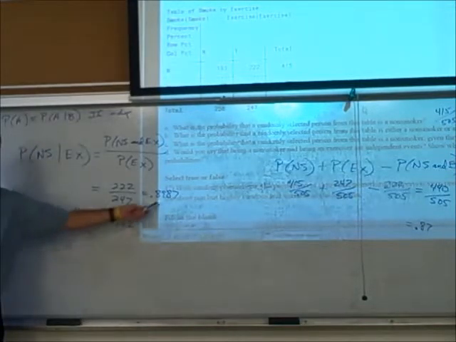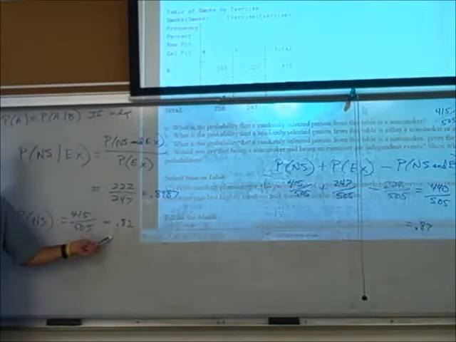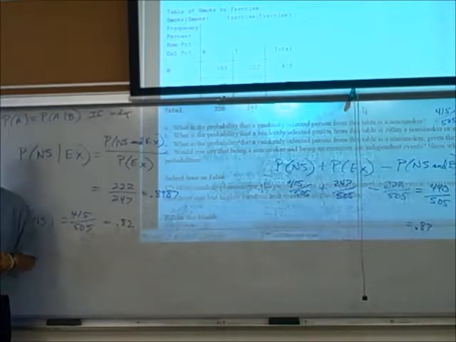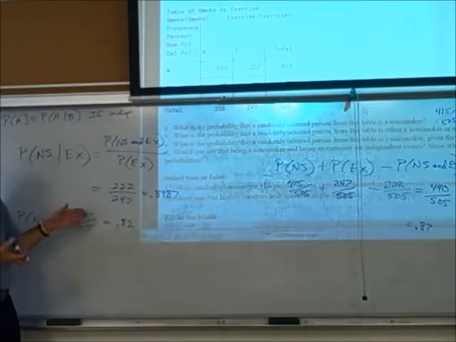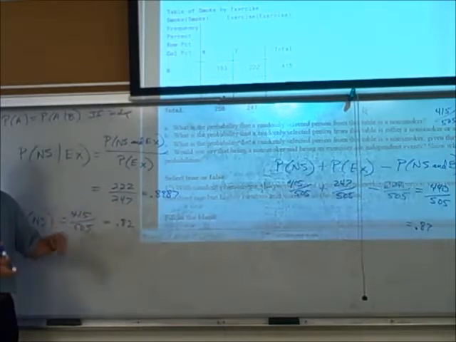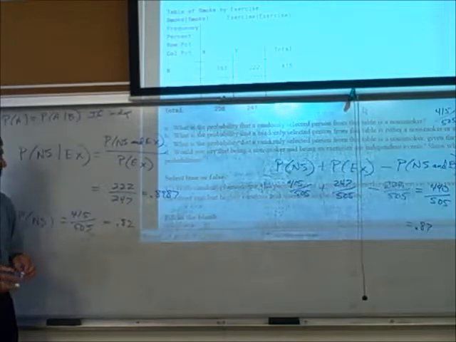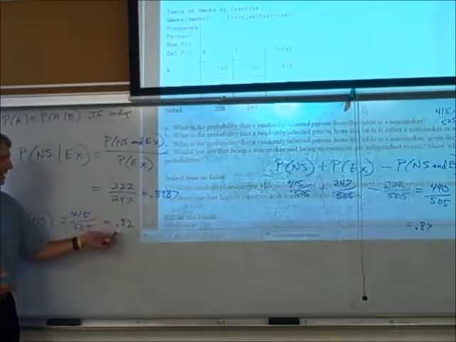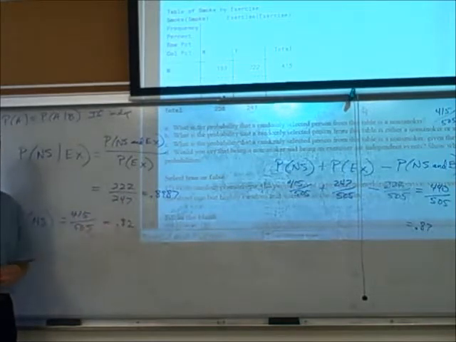Are they the same? No, they're not the same. But remember, with real data, they're never going to be exactly the same. So what you have to do is say, well, are they about the same or are they pretty far apart? I'd say they're pretty far apart. That's an 8 percentage point difference there.